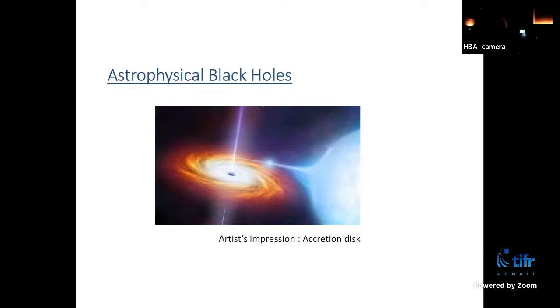So this produces this disc-like structure around the black hole, and it is called an accretion disk. Now, because of the extremely high gravitational force of the black hole, the matter in the accretion disk moves at extremely high velocities.